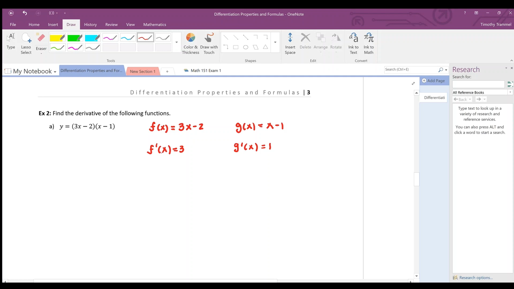Now, the product rule, it should look like the derivative of the first function, so f prime here, times the second function, which is g, so that's x minus 1.